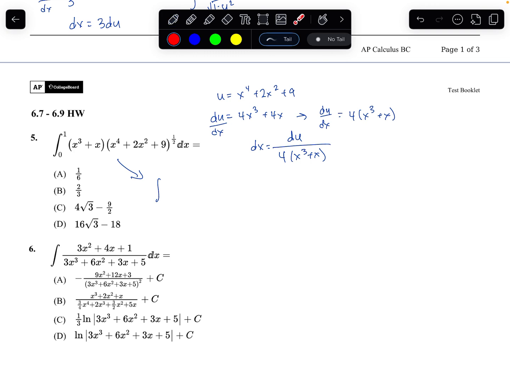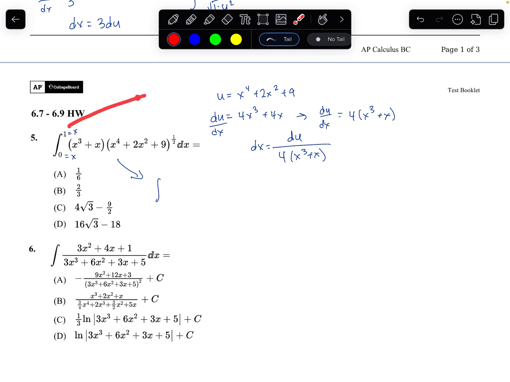Let's think here. Remember that these bounds are in terms of x. You can substitute at the end for x, but I'm going to put these in terms of u so that I don't have to undo my substitution. It's honestly not much of a difference, but this is just what I choose to do.